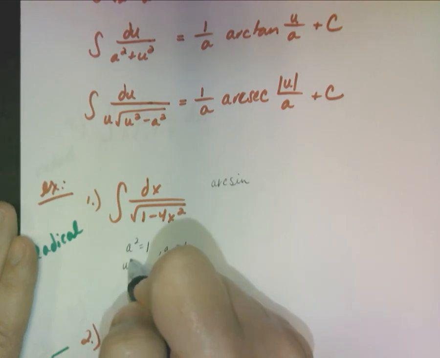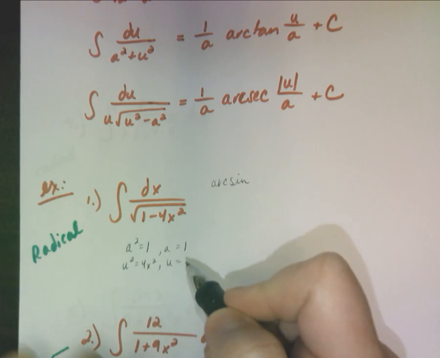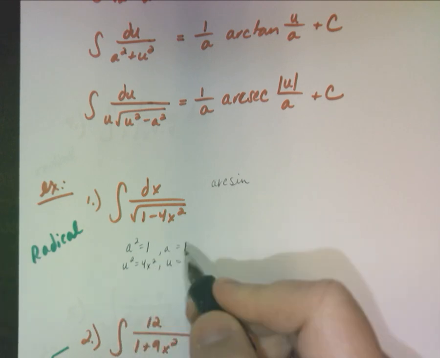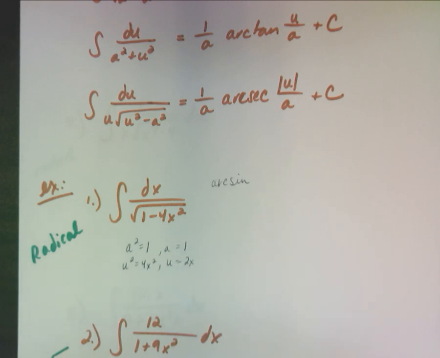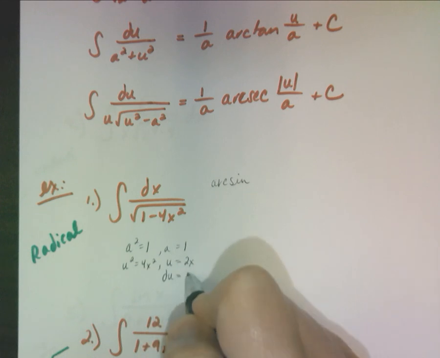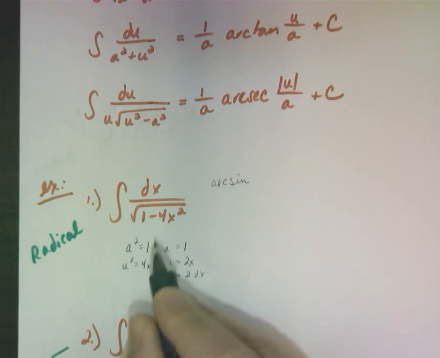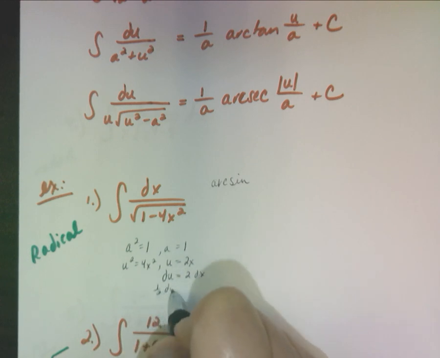Your u squared would be 4x squared, which means u would just be what's being squared? 2x, right? Okay, now we still need to check that the du, the derivative of u, is inside of here. So if I take the du, I would get 2 dx. We don't have a 2, so we need to divide out and get 1/2 du equals dx.